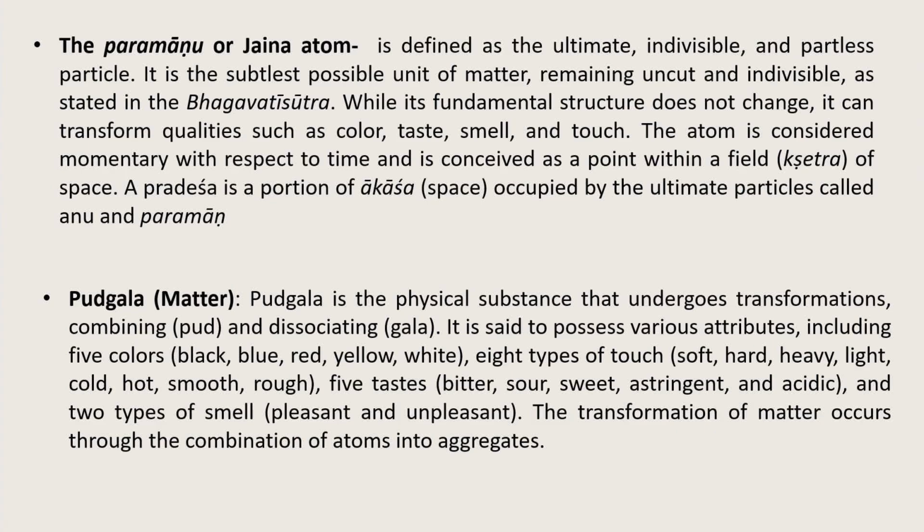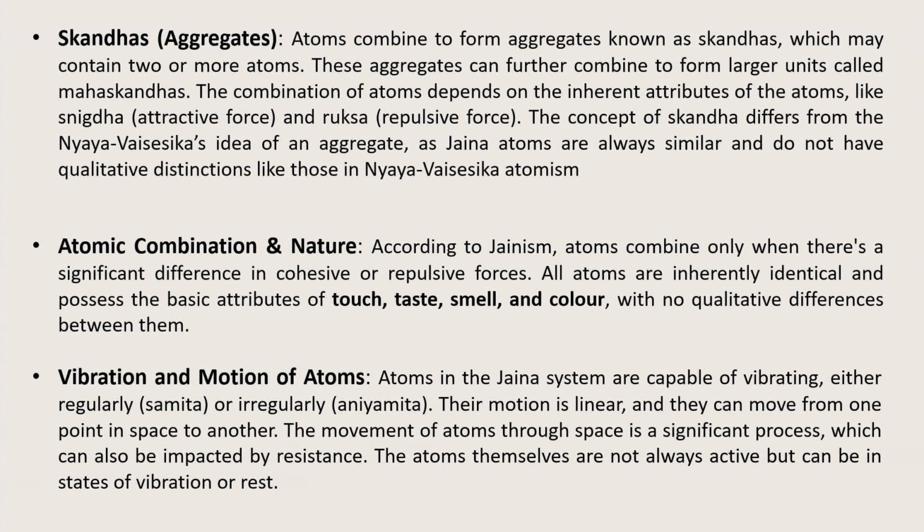It is said to possess various attributes including 5 colors: black, blue, red, yellow, white; 8 types of touch: soft, hard, heavy, light, cold, hot, smooth, rough; 5 tastes: bitter, sour, sweet, astringent and acidic; and two types of smell, pleasant and unpleasant. The transformation of matter occurs through the combination of atoms into aggregates.